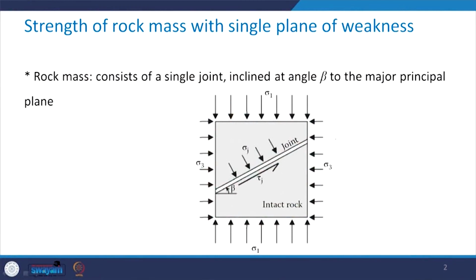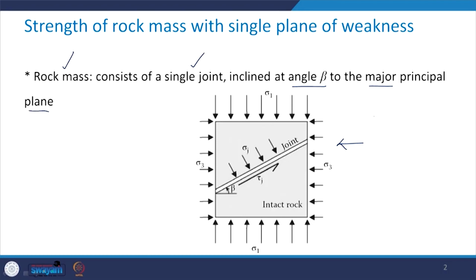So, to start with, let us have a look at this slide, where you have a figure which is representing the rock mass having a single joint which is inclined at an angle beta to the major principal plane.